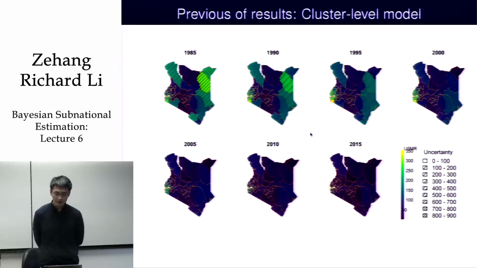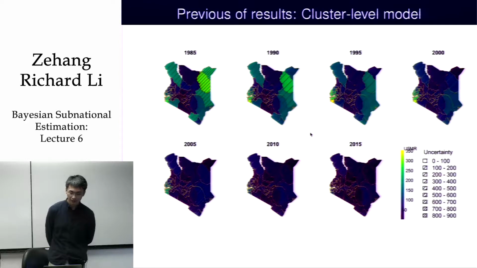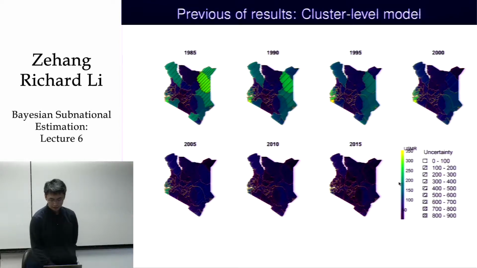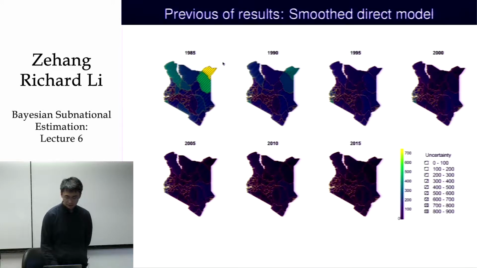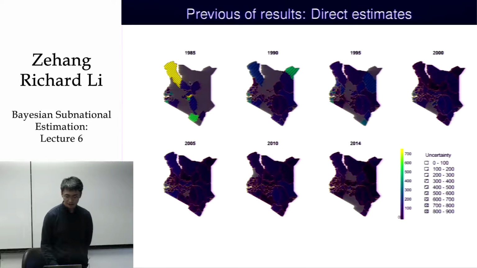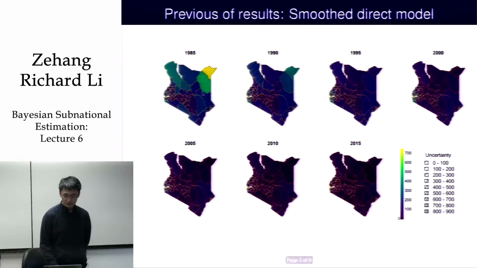And these are the results from the cluster level model. Again, the color scale is different, but the uncertainty is defined the same way. We'll compare the results more closely at the end, but just to illustrate, for some of the places like here in the direct estimates where we really don't have a lot of data, the smooth version depends mostly on the time trends going back in time.